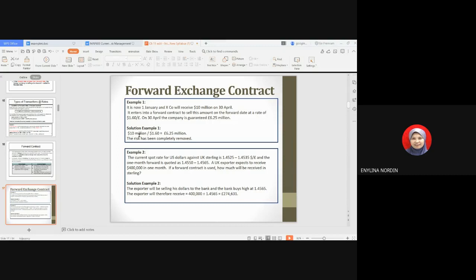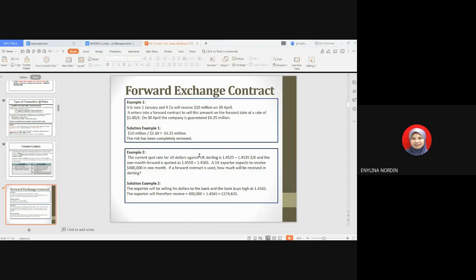So now the question here is whether the company actually gets what they want for the foreign currency. Here it will receive $10 million, and £1 equals $1.6. So if this company receives 10 million on 30th April, that means 10 million divided by 1.6, not any other rate.